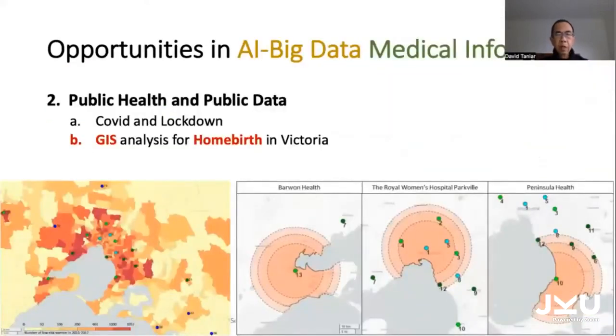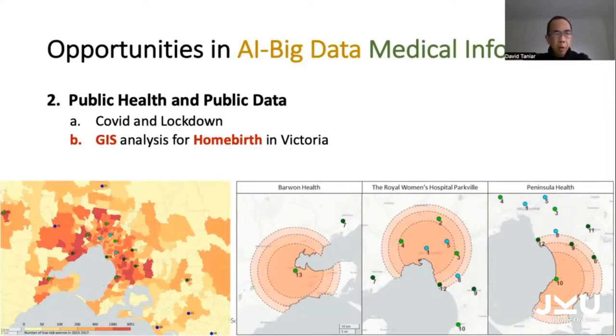The second one that I would like to touch is that the opportunity to use GIS. Now, this is the project that we did with a home birth program in Victoria. So home birth is basically encouraging women, pregnant women, to give birth at home. At the moment, it is probably less than 1%.